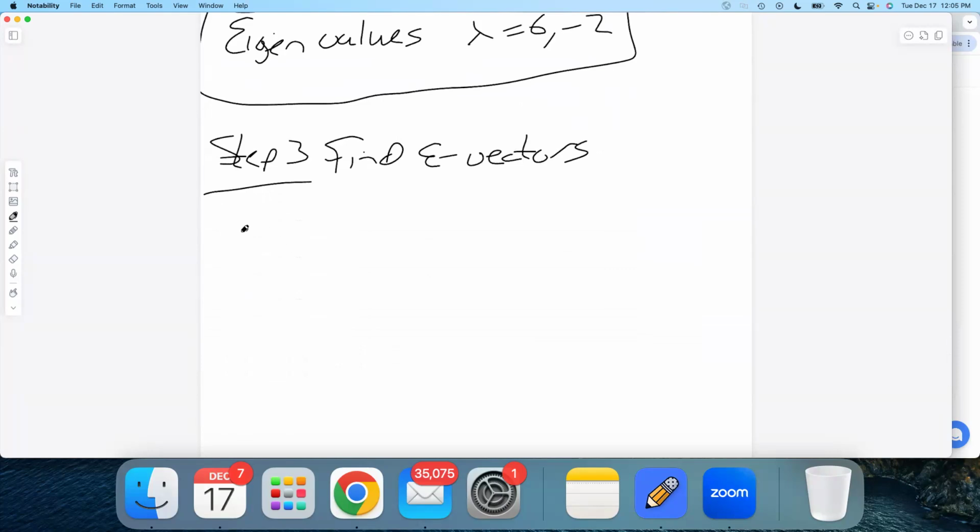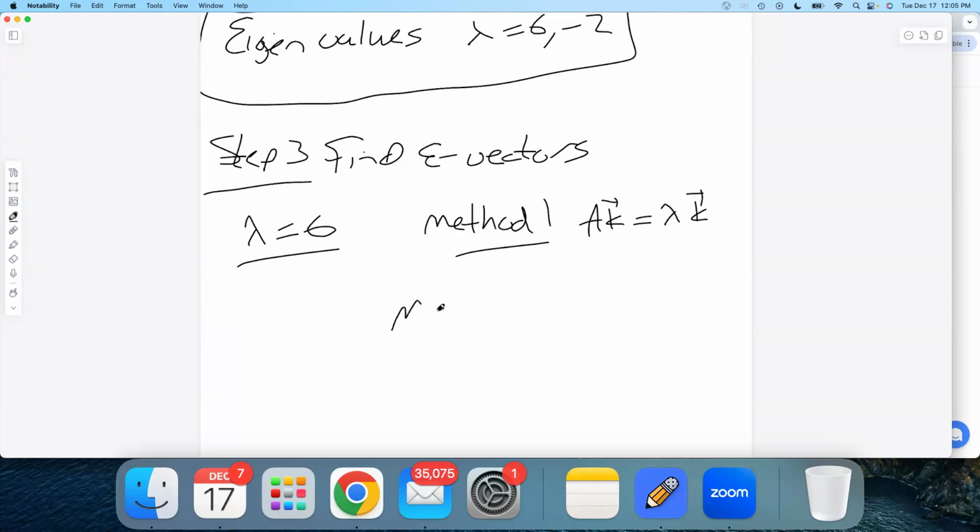Okay, so let's look at lambda equals 6. We'll deal with him first. So there are 2 different ways to think about how we calculate eigenvectors. I'll write this up both ways. Method 1, we want A times K to equal lambda times K. Method 2, we want A minus lambda I times K to equal 0.